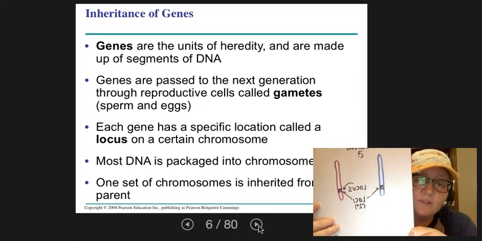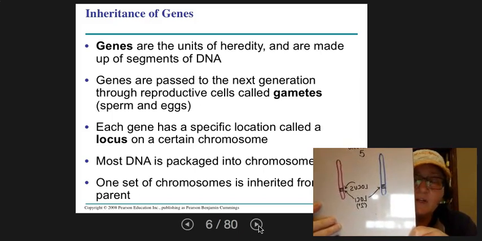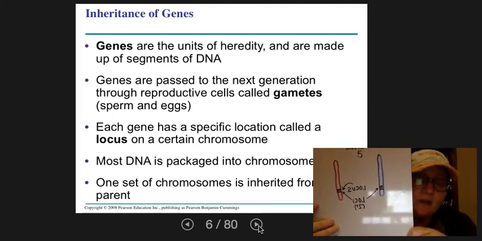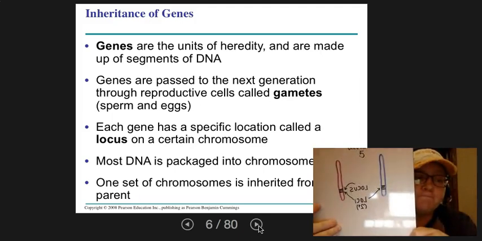locus, or plural, loci. It's a specific location on a chromosome. A specific location is called a locus. So on chromosome number 5, in this specific space, is the gene that codes for, I don't know, the moons on your fingernails.